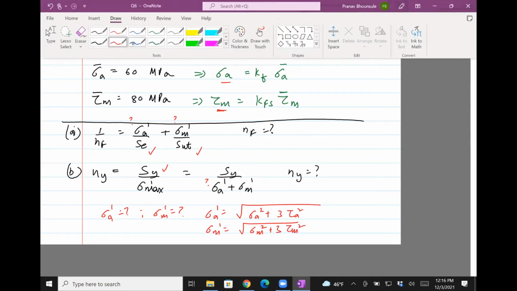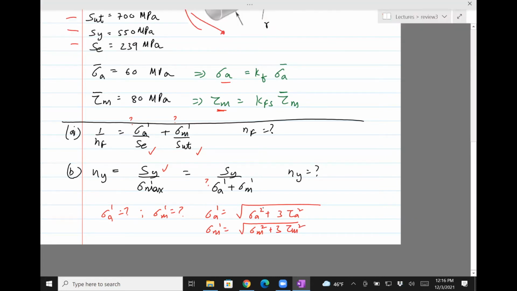So I think this completes the thing: sigma A is here, and tau M is right there. Of course tau A is 0 and sigma M is 0, since if they're not given, they're assumed to be 0. So if we can find sigma A and tau M, then we have solved the problem.